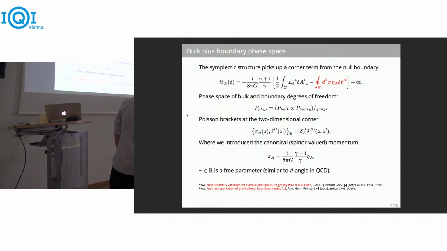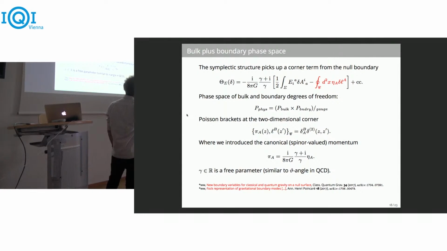And what you then have is that at the kinematical phase space, so at the kinematical level, the phase space consists of degrees of freedom in the interior, in the bulk, and boundary degrees of freedom. And at the kinematical level, they are all uncorrelated.